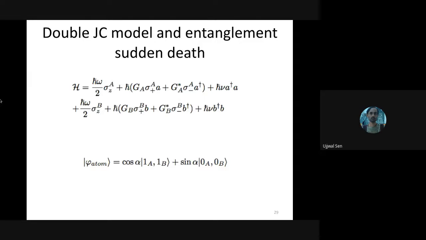This is an example of an entangled state, and you can show that you cannot write this state as a product of 2 different states of the 2 atoms. This alpha can be considered to be an entanglement strength. 1a and 0a are levels of the atom A, and 1b and 0b are levels of the atom B.